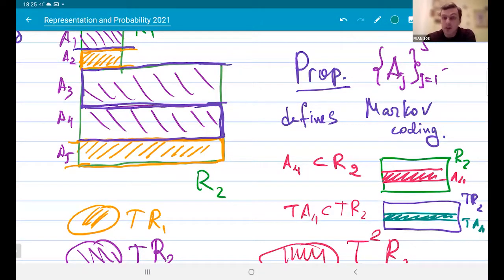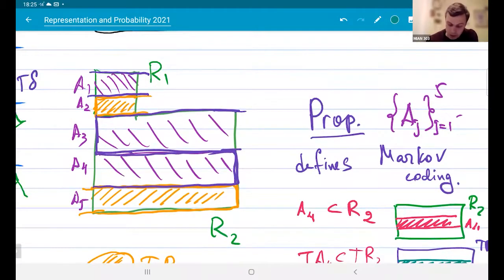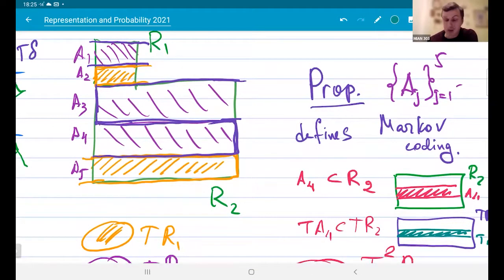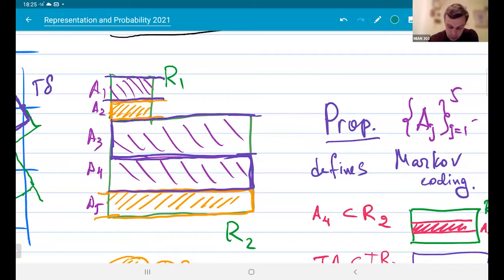Okay, but then we can draw it on the same figure here. So we see that this teal stripe will intersect the whole purple rectangle. So we have the TA4 will lie here. Then it goes here. Then it goes here.